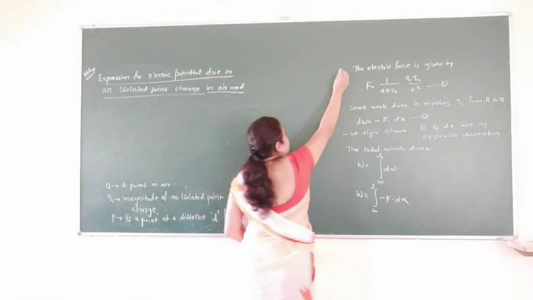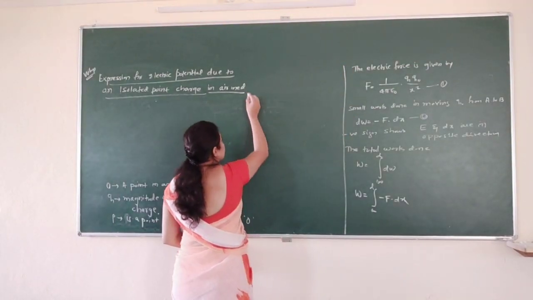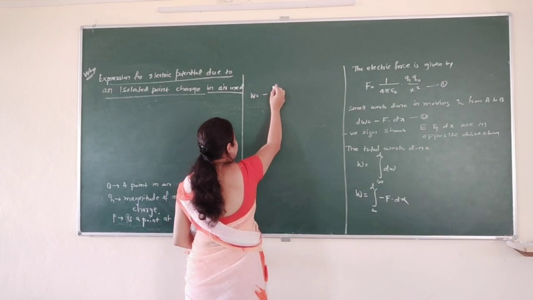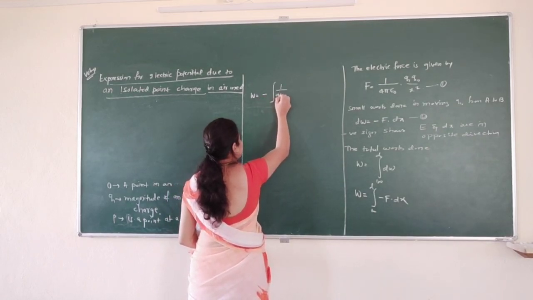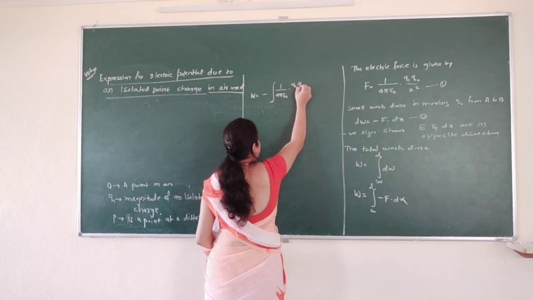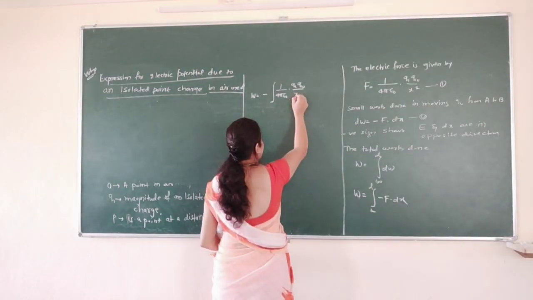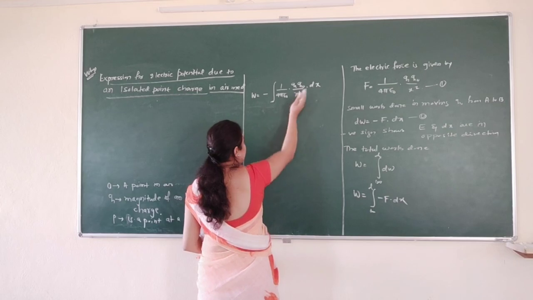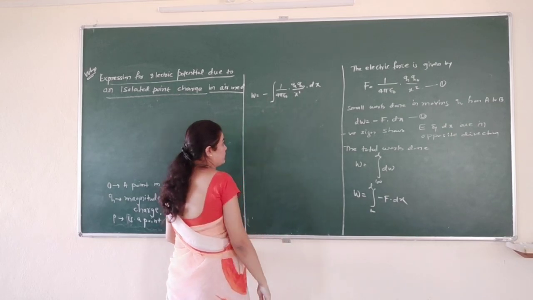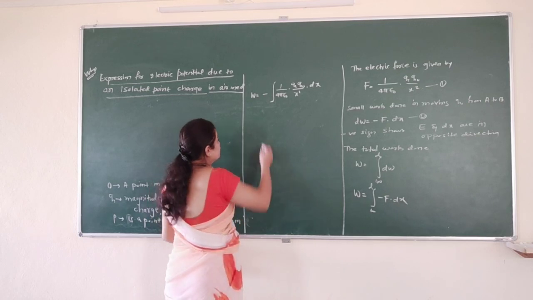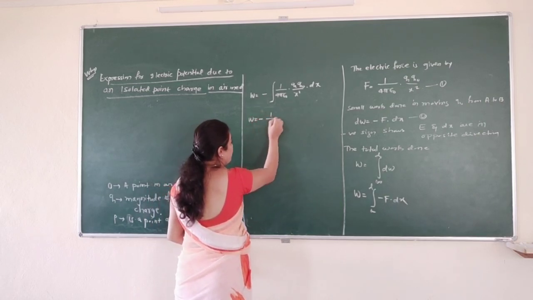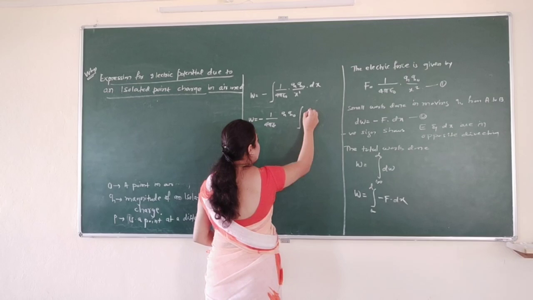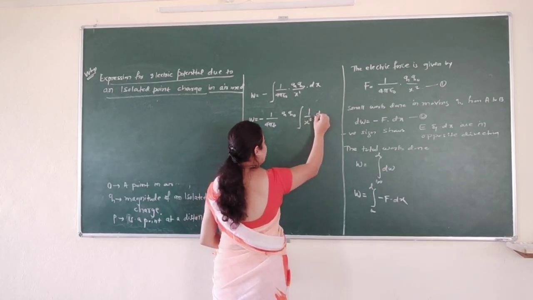W equal to minus 1 divided by 4 pi epsilon naught Q Q0 into integral of 1 divided by x square dx, taking the constants outside.